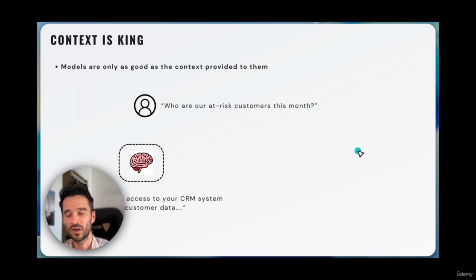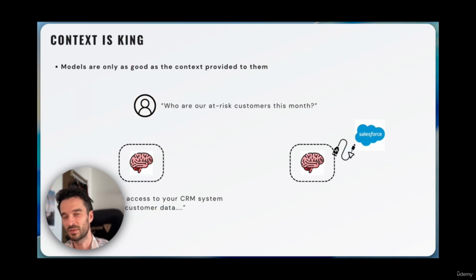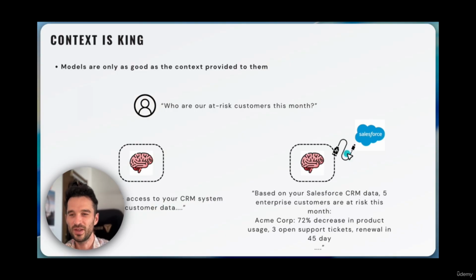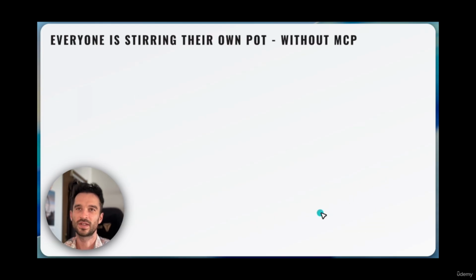But if we somehow manage to bring this custom knowledge into the large language model, then we have a pretty good answer. For example here, based on your Salesforce CRM data, 5 enterprise customers are at risk this month, and so on. The question is how we now bring this context or this custom data into our large language model. Everyone is therefore stirring up their own pot.